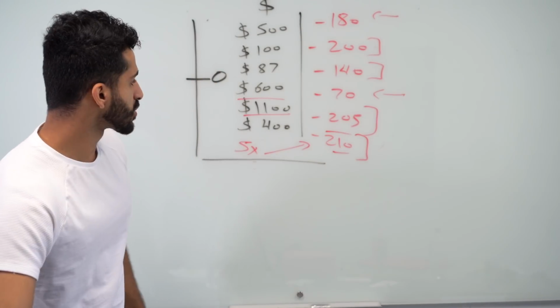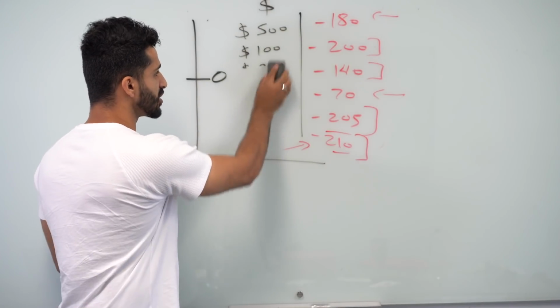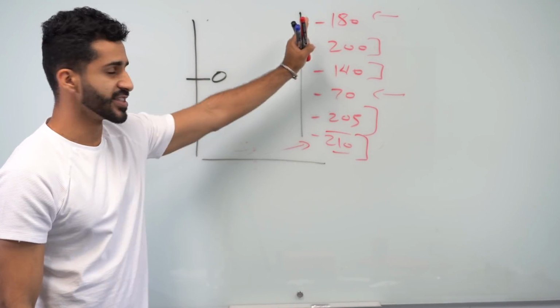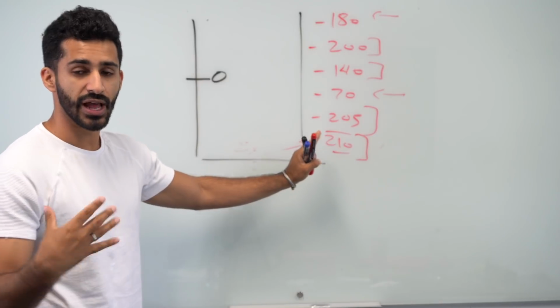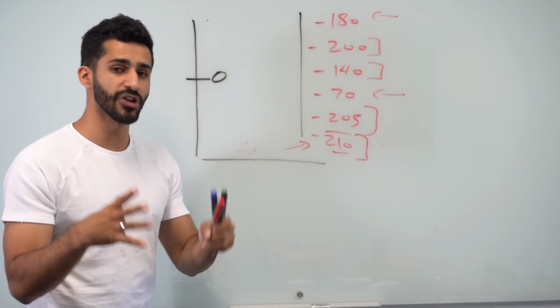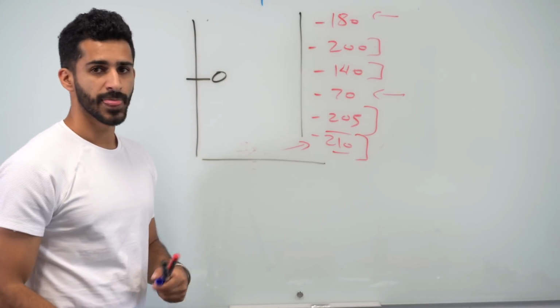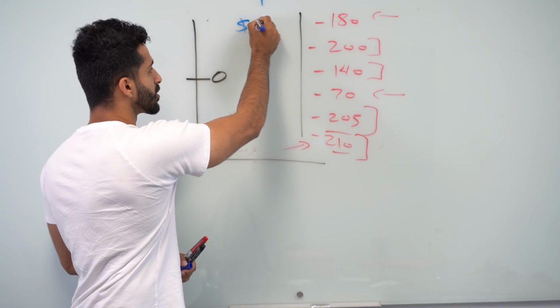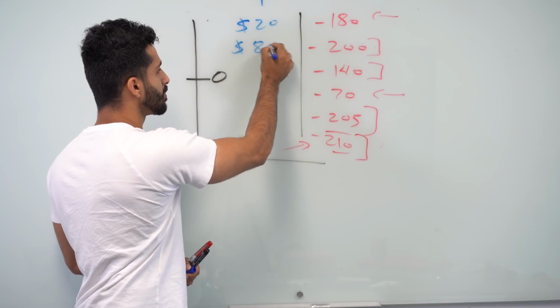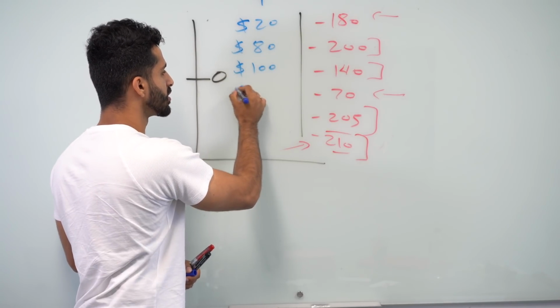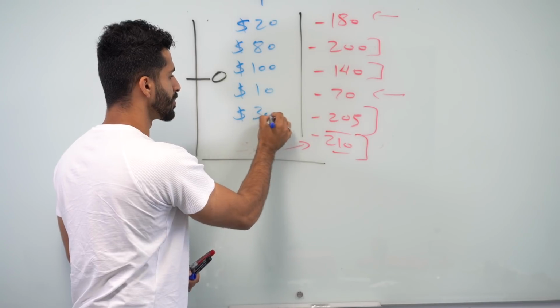Now, what happens with some people is they get to a stage where this stays consistent according to their account size and their risk management plan, which is great, but they mess up here on the profit side. So on the profit side, they may make 20 bucks, 80 bucks, 100 bucks, 10 bucks, 30 bucks.